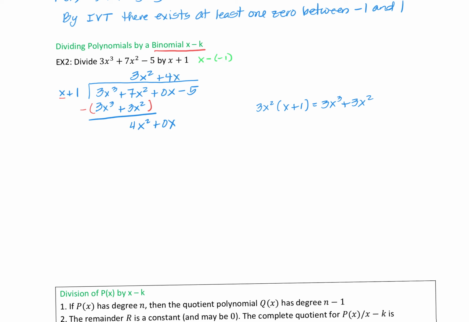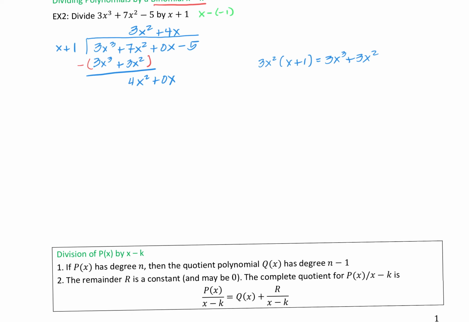And when you multiply the 4x by the x plus 1, you should get 4x squared plus 4x. But if you don't see that, then you would do the multiplication off on the side. 4x times x plus 1 equals 4x squared plus 4x. So that's what goes next, 4x squared plus 4x.